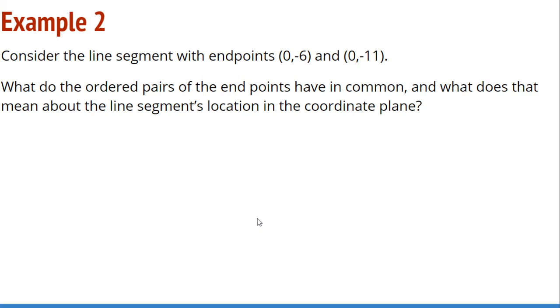So here we have (0, -6) and (0, -11). Now what do they have in common? They share an x-coordinate, which means they are on the y-axis. If they share an x-coordinate, and that x-coordinate is 0, then they are on the y-axis.